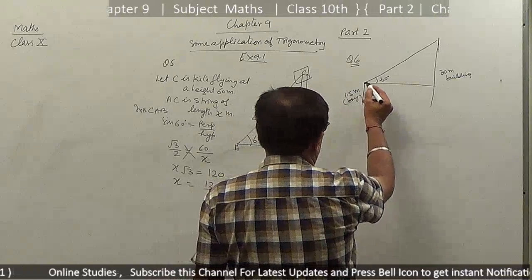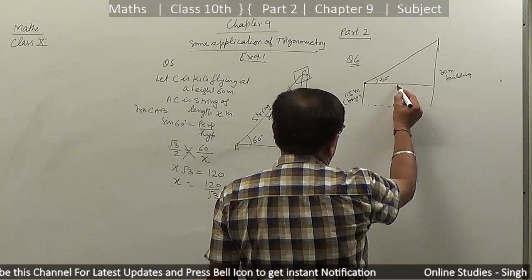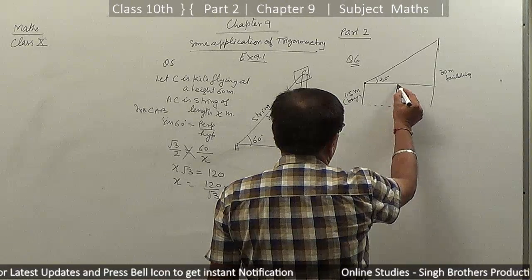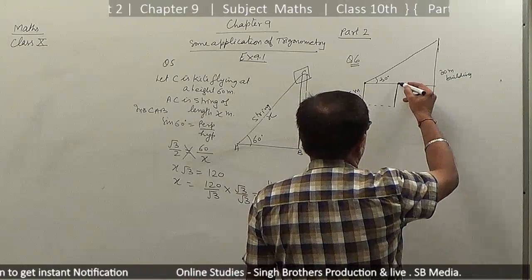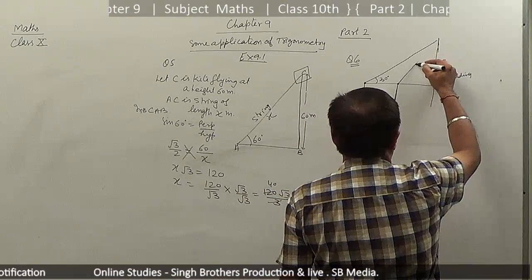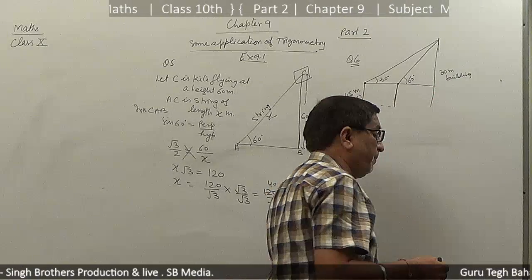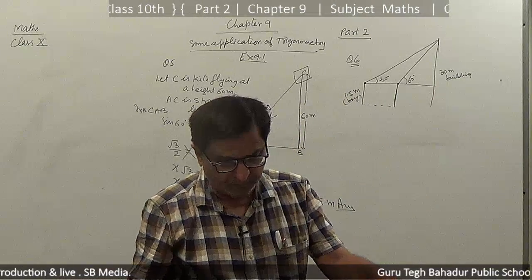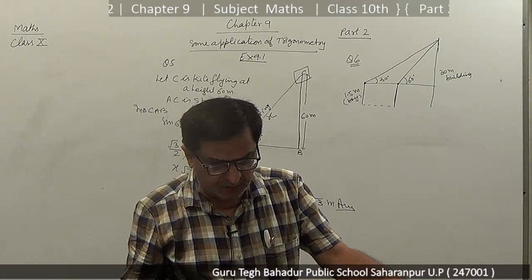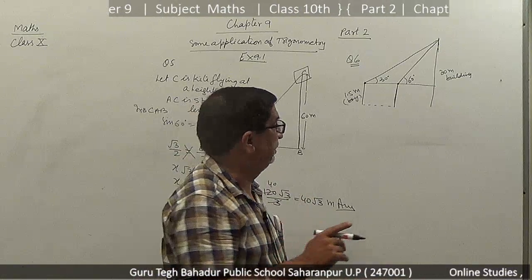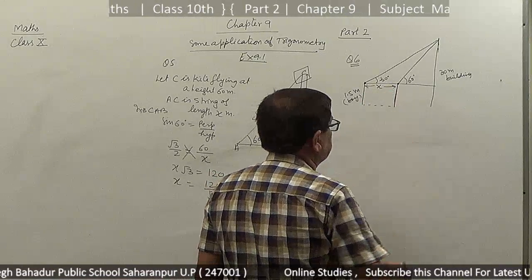Now this tall boy moves some distance, reaches this point, and from this point from his eye, its angle of elevation becomes 60 degree. Find the distance he walked toward the building. That means you have to calculate this distance.